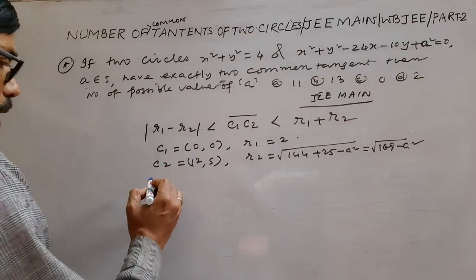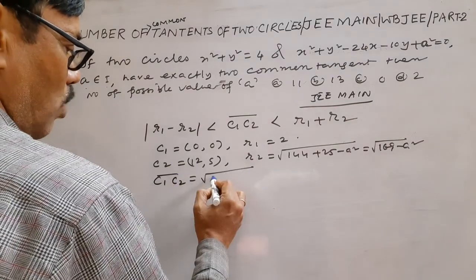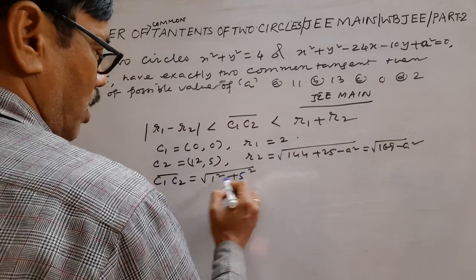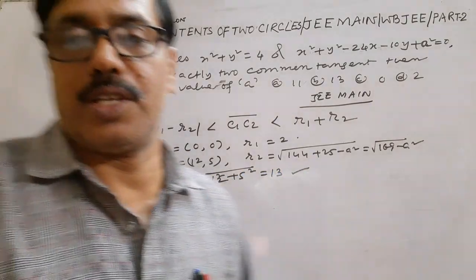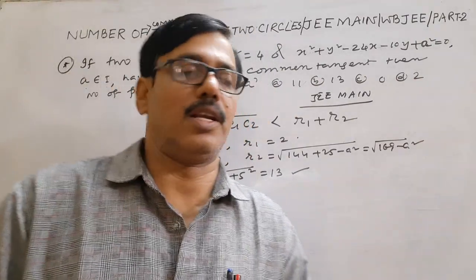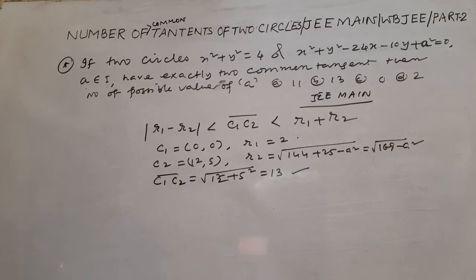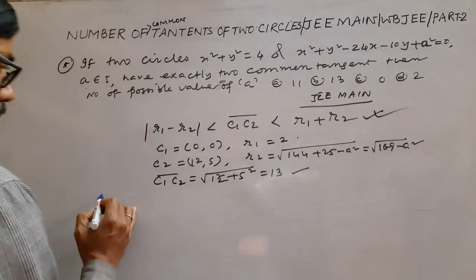So what is C1C2, the distance? Root of 12 square plus 5 square. So this is 13. So this is our first phase: find centers and radii. Now this is our condition.